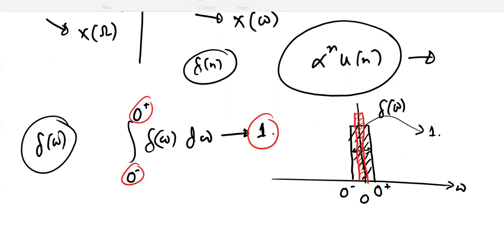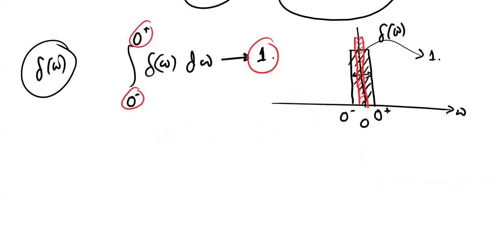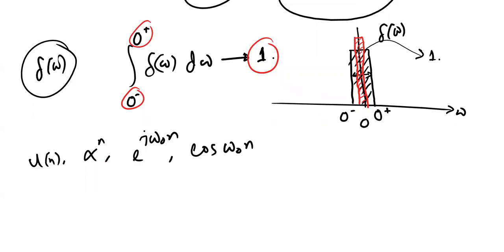Some functions, as I already mentioned, probably in some places, like u[n], α^n, two-sided sequence, e^{jω0n} for a particular frequency, or cos ω0n, this is an infinite series, sin ω0n, all the sequences.